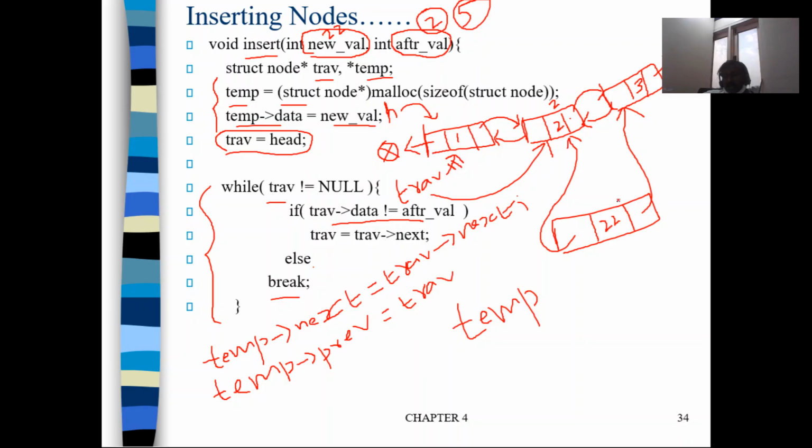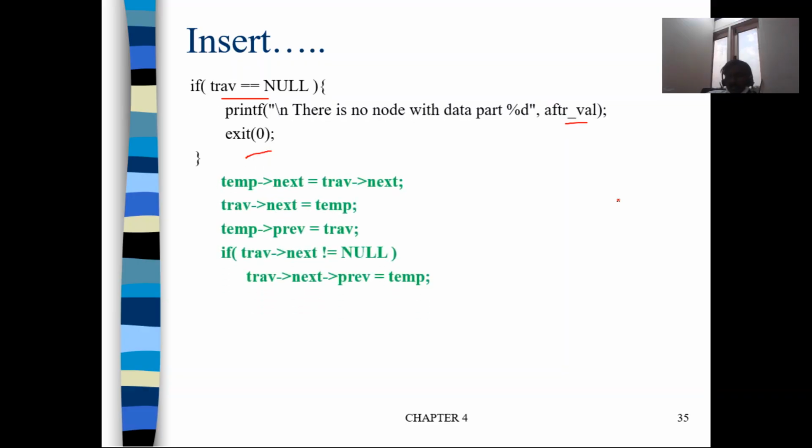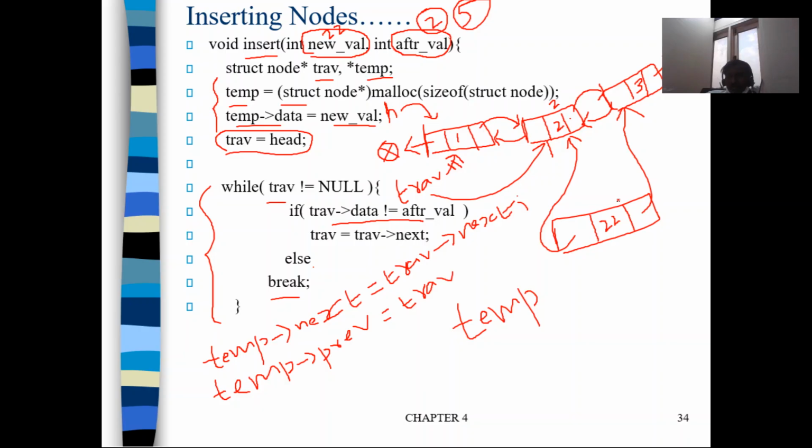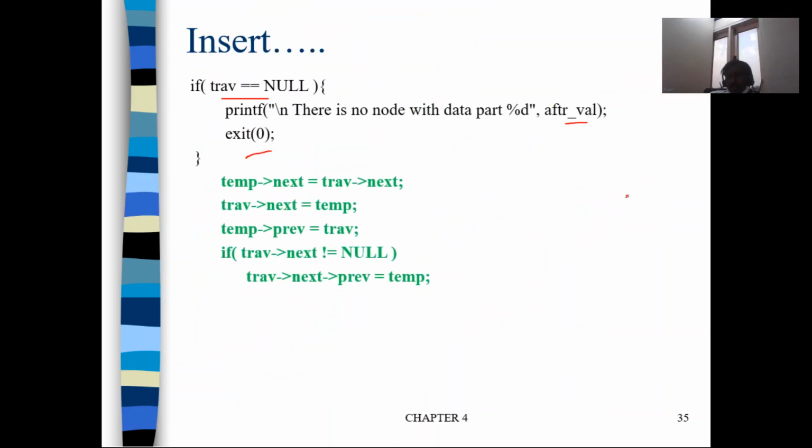Because, I'll tell you the reason. Node 3's previous should point to temp, and you have to write that code first.